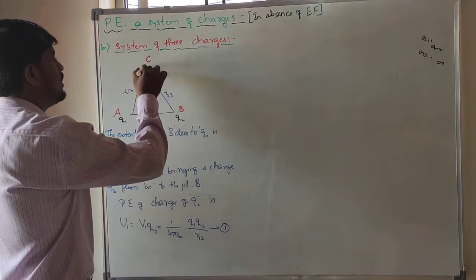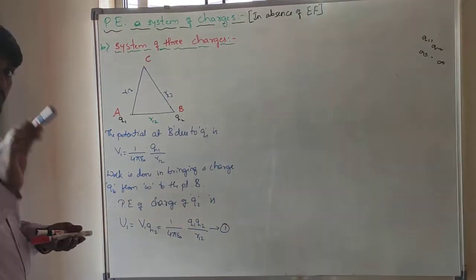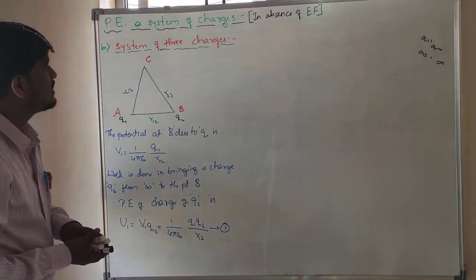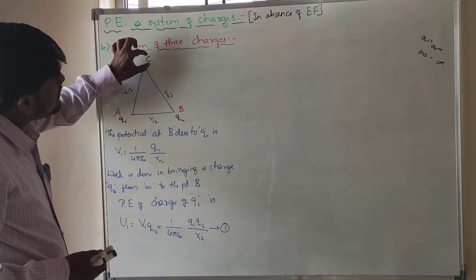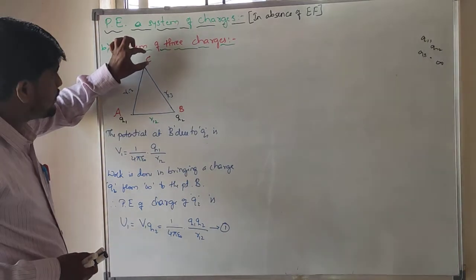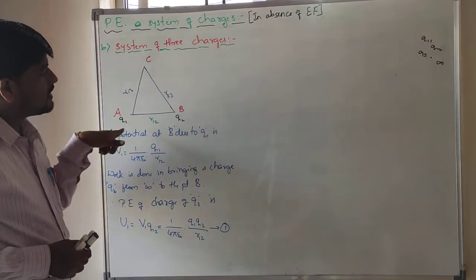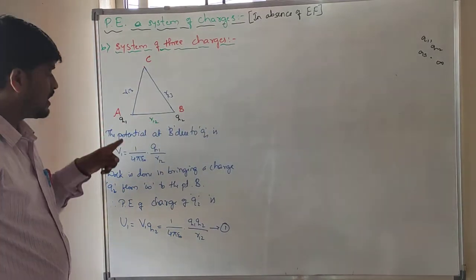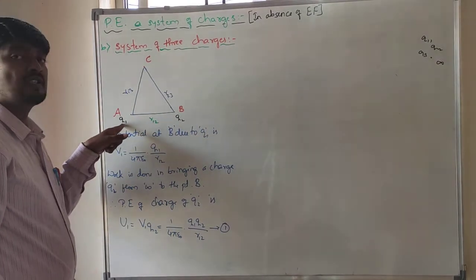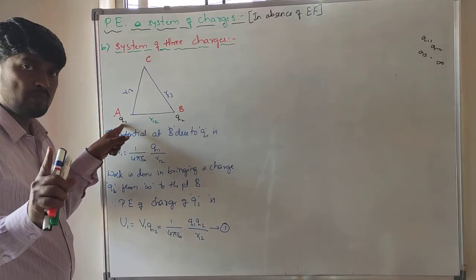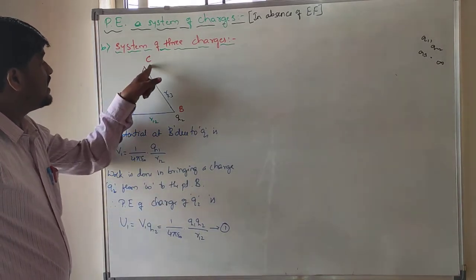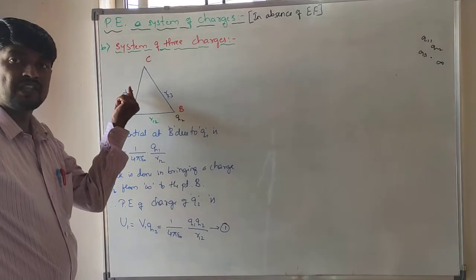Friends, look at this. This place is very, very important. In the perception of point C, how many charges are there? Two charges. q1 produces a potential at the point C at a distance of R13.